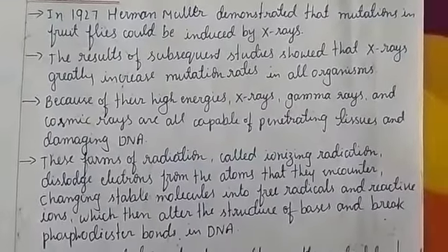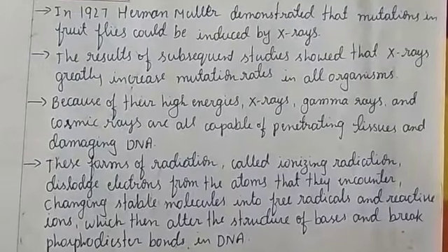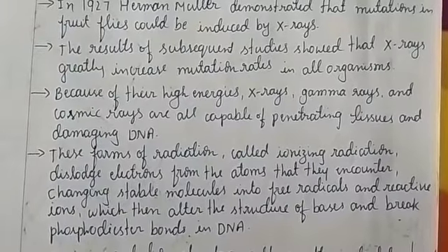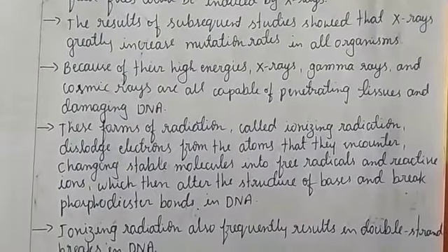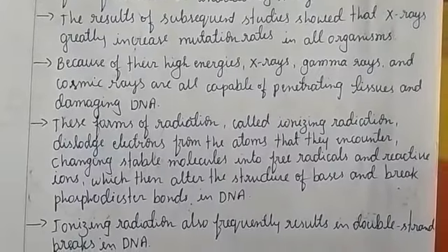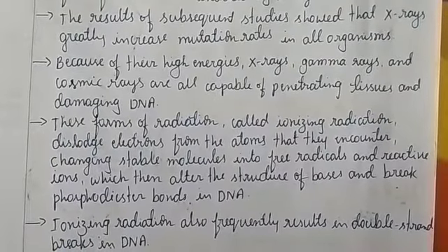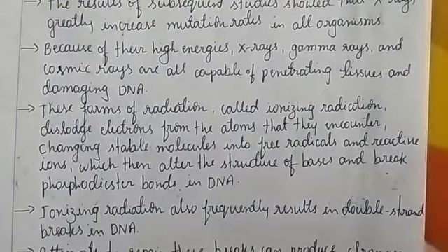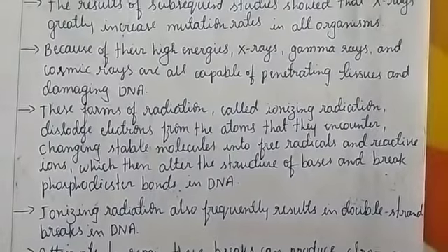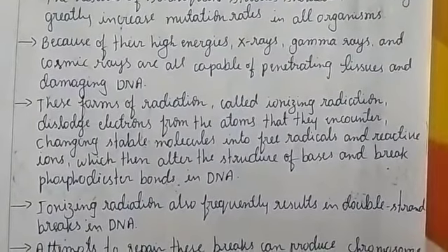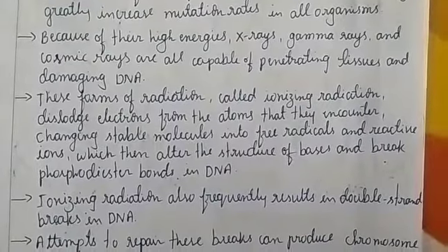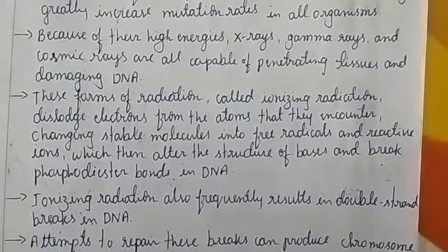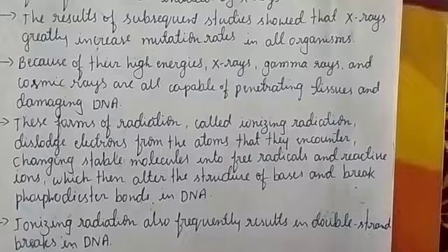The results of subsequent studies showed that X-rays greatly increase mutation rates in all organisms. Because of their high energies, X-rays, gamma rays and cosmic rays are all capable of penetrating tissues and damaging DNA. These forms of radiation are called ionizing radiation, which dislodges electrons from the atoms that they encounter, changing stable molecules into free radicals and reactive ions.